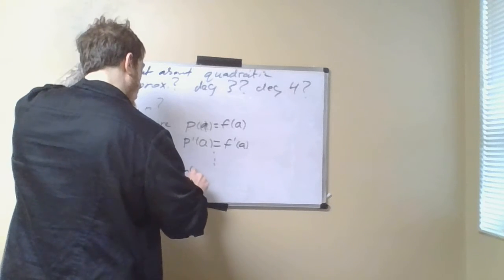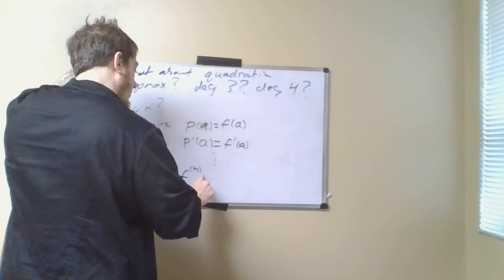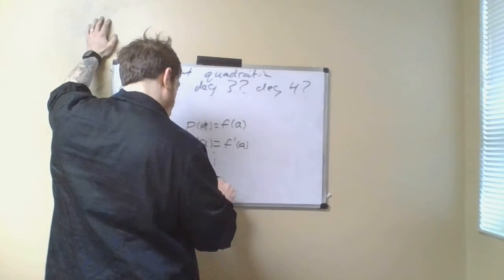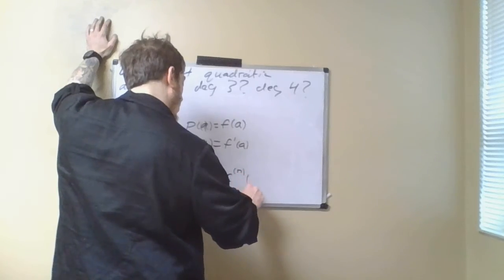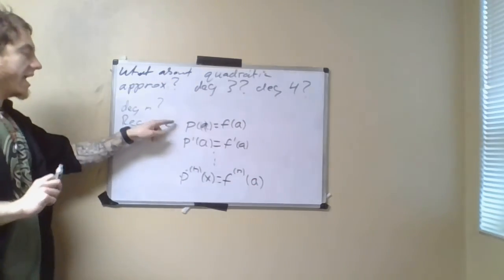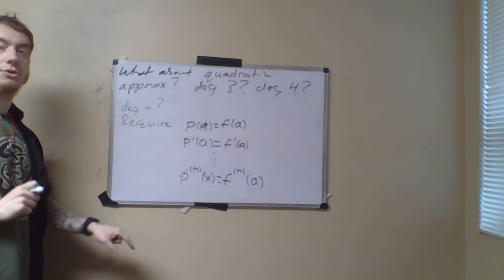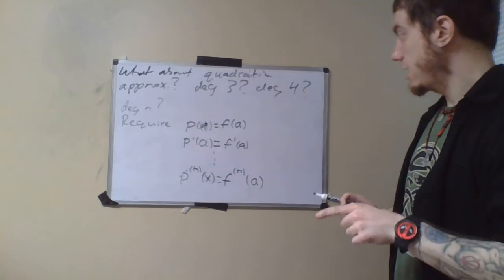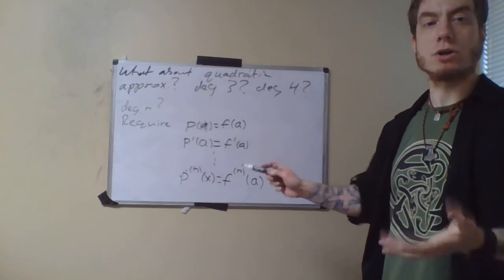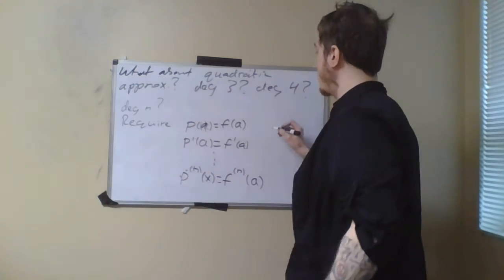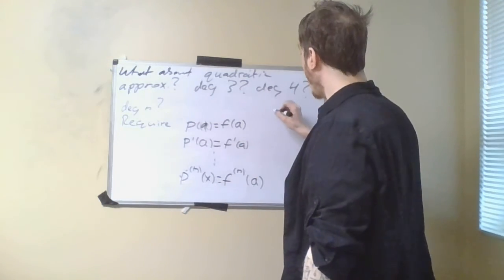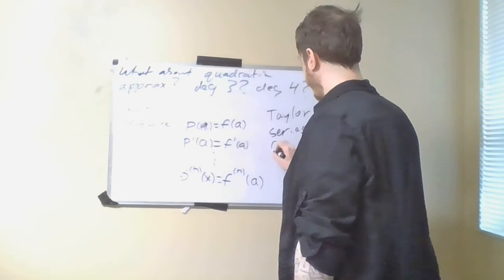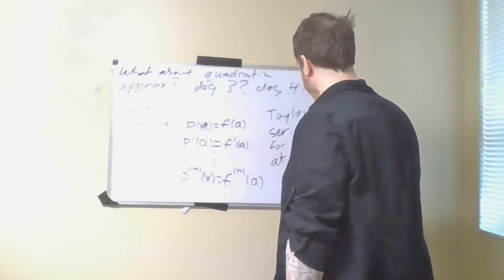And in general, we require that all the derivatives of P up to degree n should be equal to the derivatives of f evaluated at a. And these conditions turn out to specify a unique polynomial of degree n that approximates my function f. And these polynomials form what is called the Taylor series for f at a.